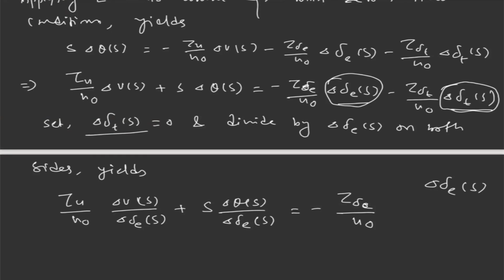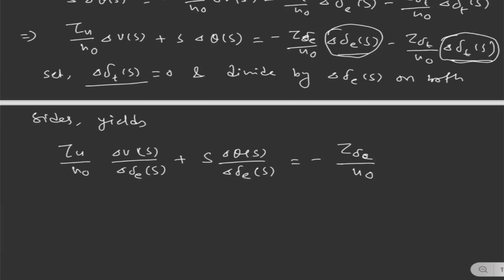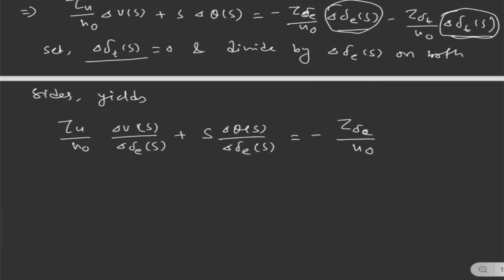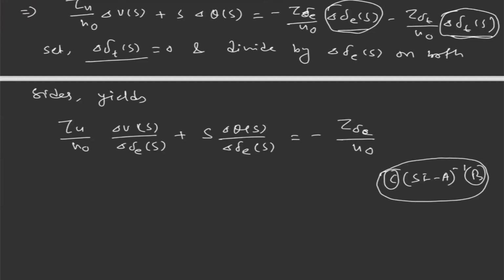Only the elevator effect on the states delta U and delta theta is considered. If you remember in the last lecture, we did another method, which is basically using C(SI minus A) inverse B. If you use this method to find the transfer function, we have to modify the C matrix and B matrix.